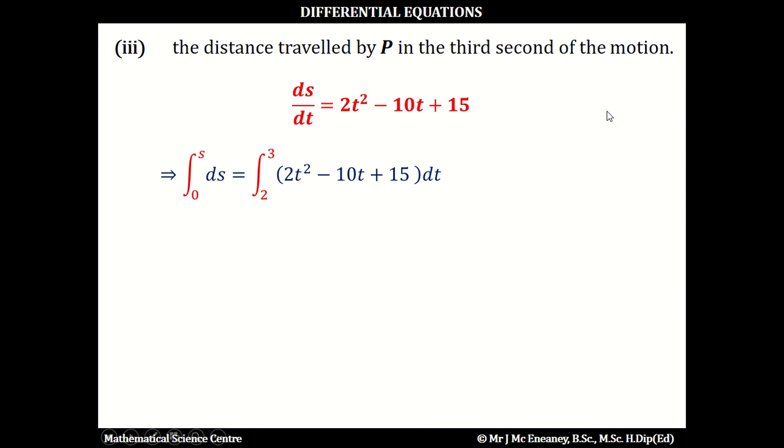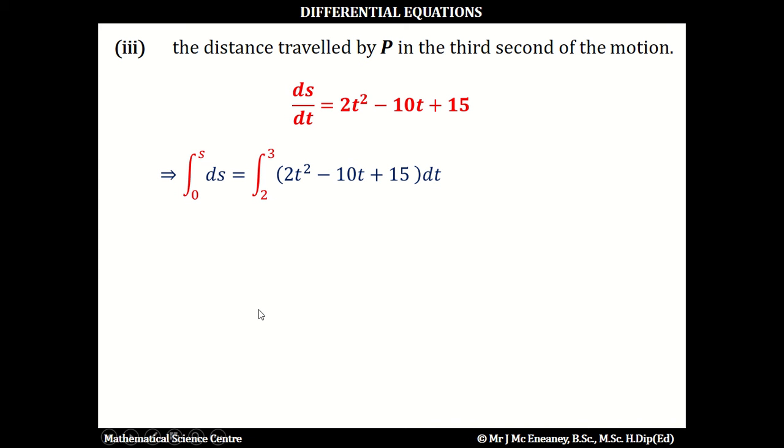So we're looking for the distance travelled in the third second of motion. So that means the time goes between 2 and 3 seconds. So after 2 seconds, the distance is 0, and we're looking for the distance travelled then in the third second. That's when time goes between 2 and 3 seconds.